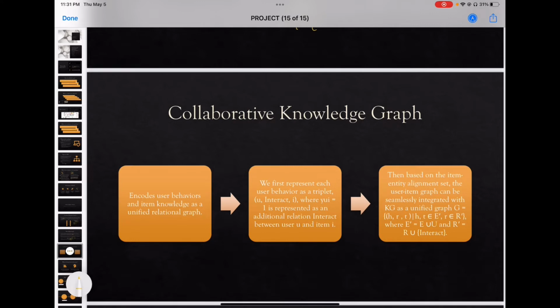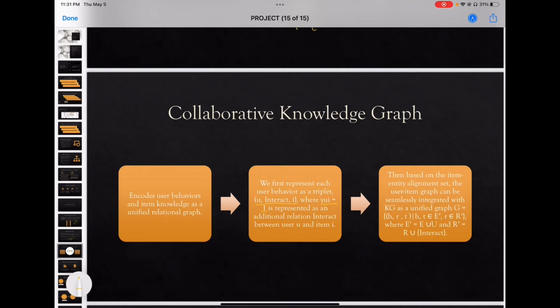We first represent each user behavior as a triplet, U, interact, and I, where y_ui equal to 1 is represented as an additional relation interact between user U and item I. Then based on the item entity alignment set, the user item graph can be seamlessly integrated with a knowledge graph.